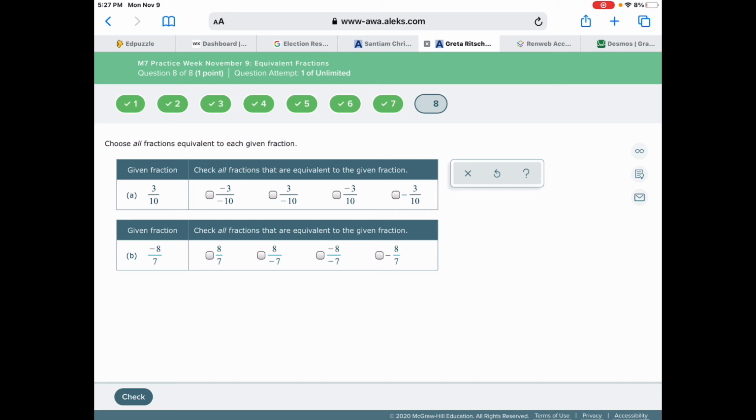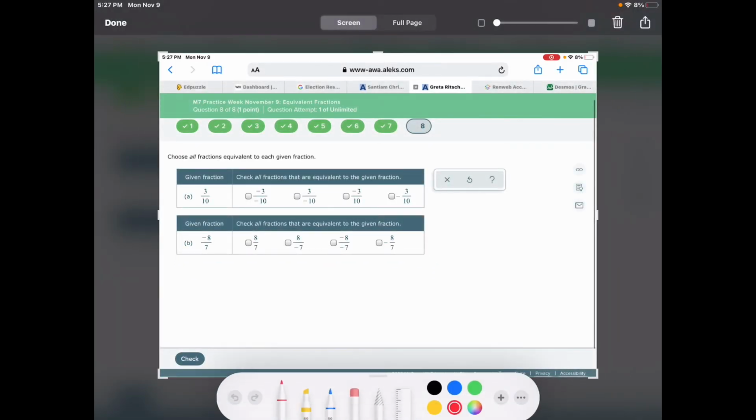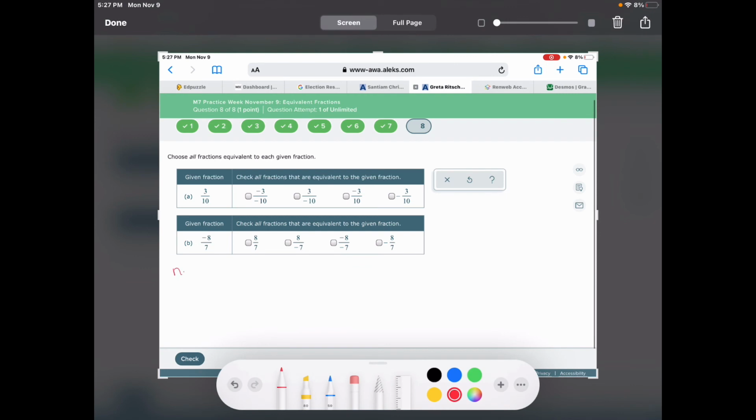All right, choose all the fractions that are equivalent to each given fraction. So now we're just throwing in our understanding of positives and negatives. Remember, get something to write on here. Negative times or divided by negative is a positive.